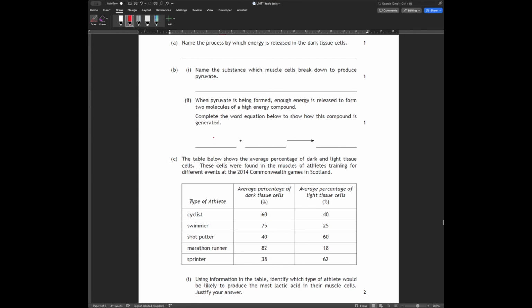Okay, so there's something plus something gives something else. Now, first of all, we're thinking a high energy compound. What compound or molecule do we have in the body that is high energy? And immediately my mind is going towards ATP. Okay. And then I'm thinking, well, how do we make ATP?